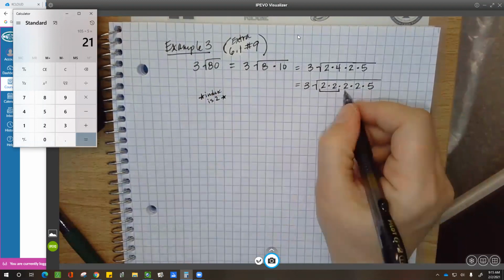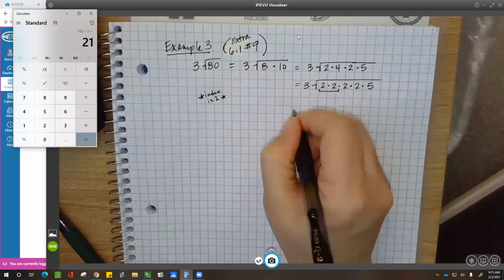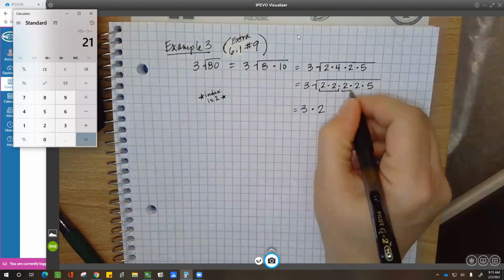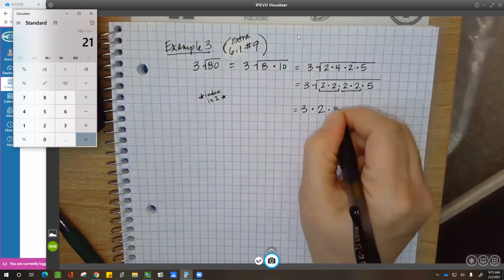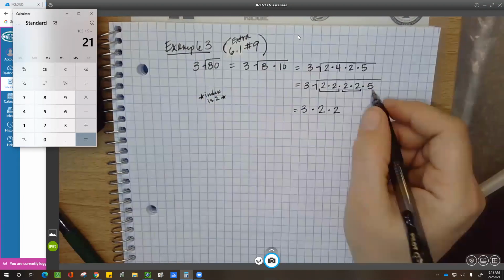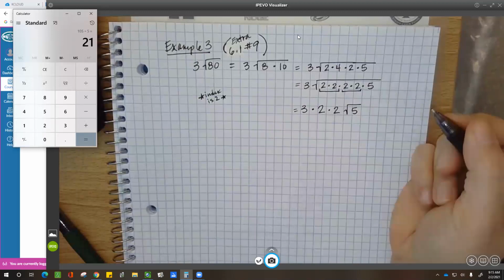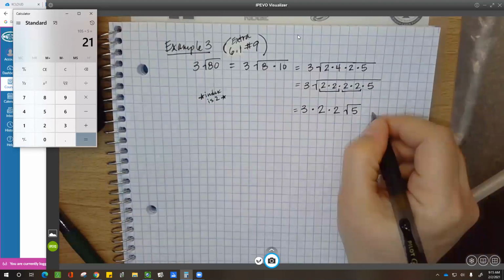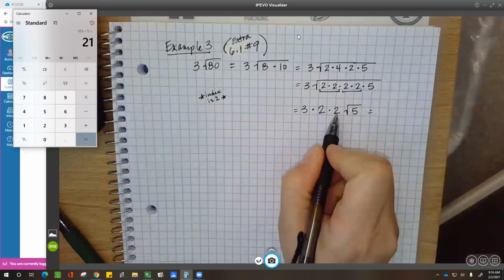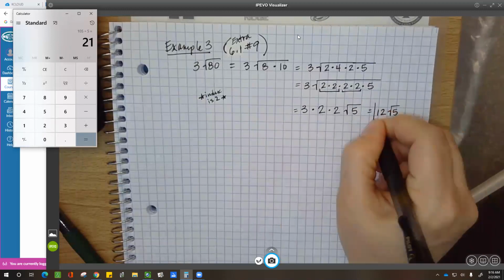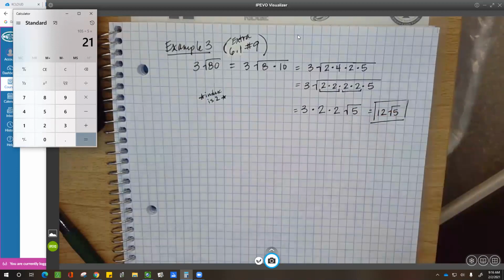I have 2 2's. So I can take 1 2 out, and 2 more 2's. I can take another 2 out, and I don't have a match for the 5, so the 5 has to stay in. 3 times 2 is 6, times 2 is 12. 12 root 5 is equivalent to 3 root 80.